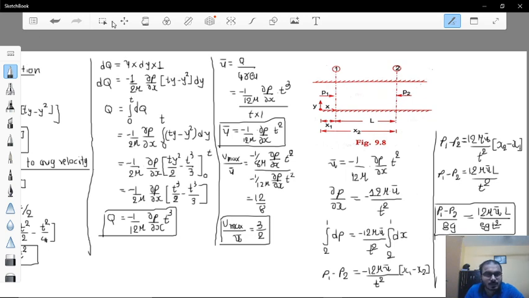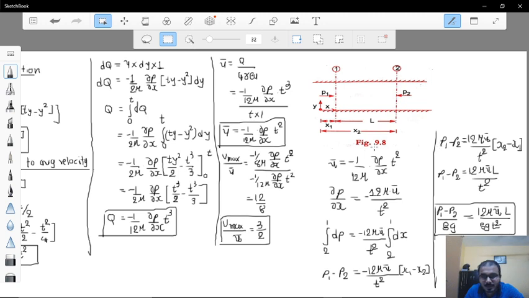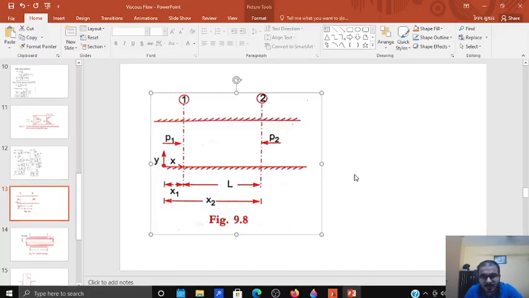So that is the pressure drop, and let's copy this here.